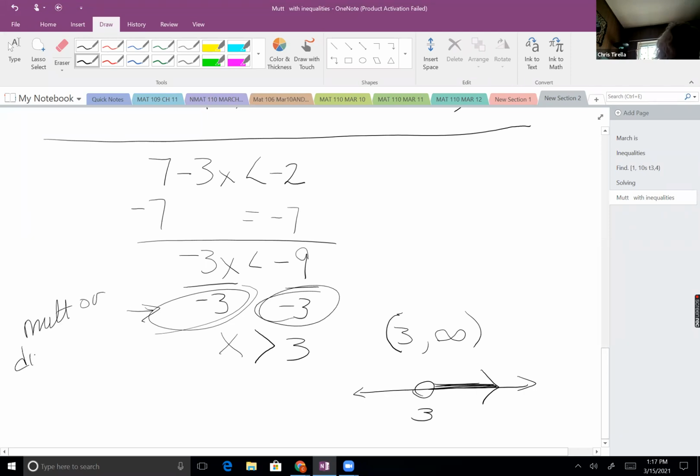Okay. It's most basic: recognize that if I'm dividing by a negative, I'm changing that sign. That's why I change the sign on both sides of the inequality first. Multiplying or dividing by a negative reverses the direction.